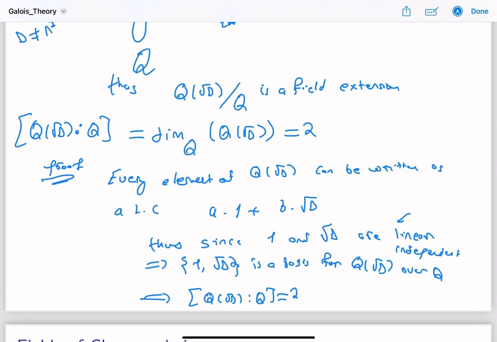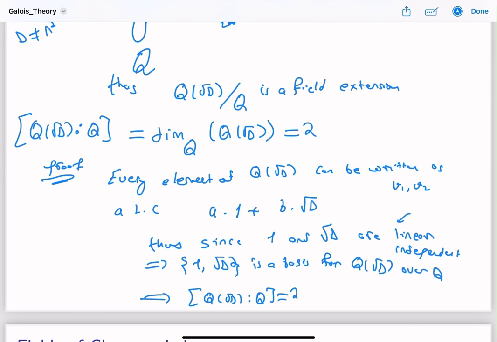Remember, when you studied linear algebra, linear dependence meant that, let's say you have two vectors v1 and v2.